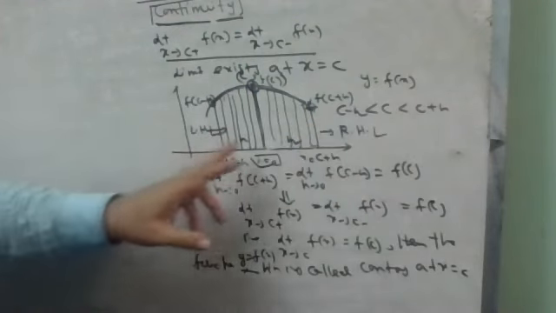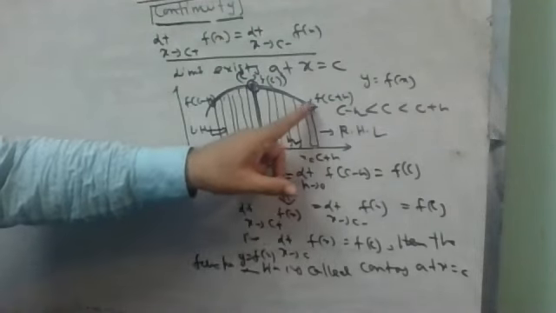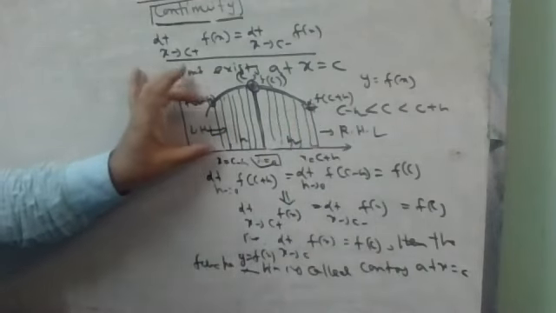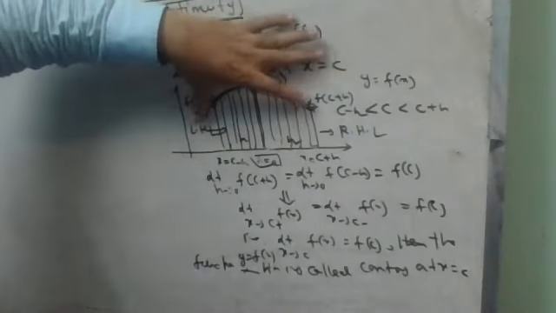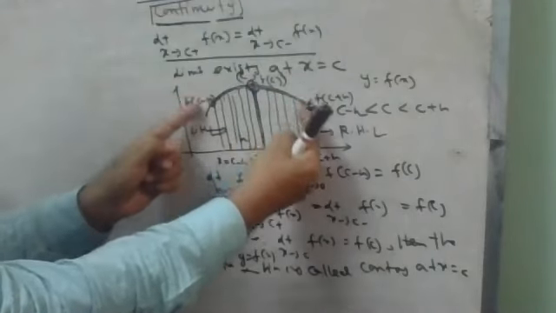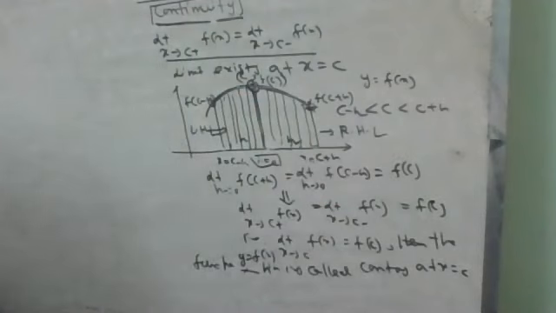At x is equal to c the height is f(c), at x is equal to c plus h the height is f(c plus h), and at x is equal to c minus h the height is f(c minus h). Now if you make h tend to 0, from both sides of this point along this curve, two points approach this point, coming closer, and once they fall on each other, that means there is smoothness, or continuity, of the curve.